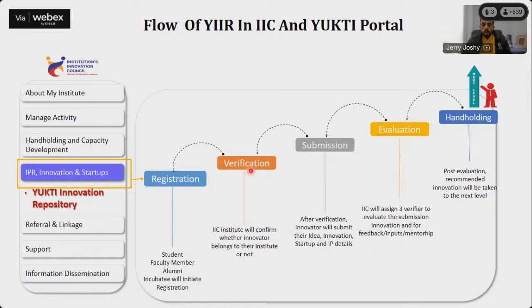Once verified, the innovator can submit their details inside the Yukti portal. Once they have submitted their details, it will be evaluated through the IIC portal, after which it will be either approved or not in the recommended status. If it is in the recommended status, then it will be hand-held in various ways by MIC, AICTE, as well as the institutions at their own level. So this is the flow of the Yukti Innovations and IP repository through both portals, and how it is managed.